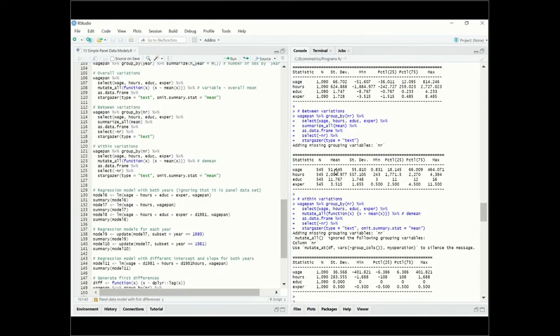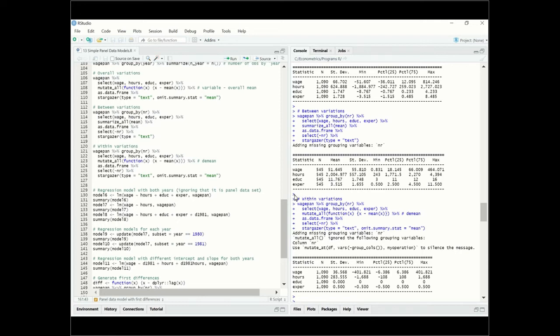What we've done is group the data by individual, calculate the means of these variables by individual, and then summarize that data set. So what these standard deviations are showing is how each variable differs from one individual to the next. That's the between variation.